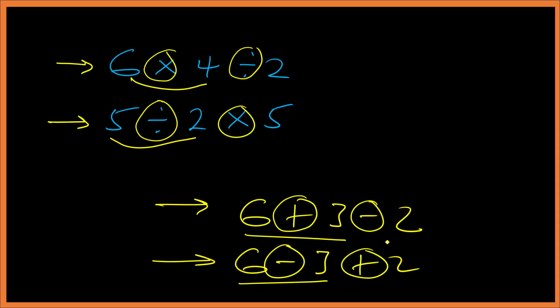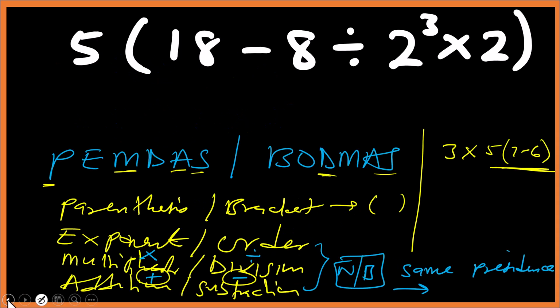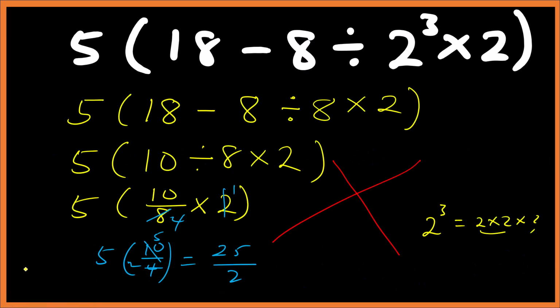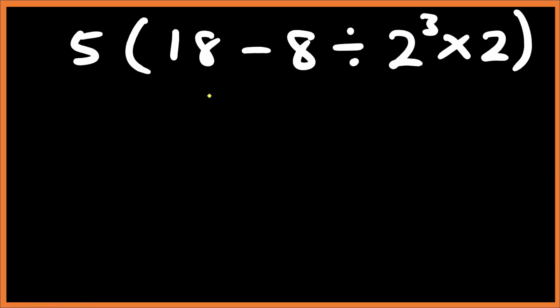Now that we know the order of operations, let's see how we can solve the question. Let's start now. The first one has to do with parentheses, but inside the parentheses we have so many operations. So let's delve into it.